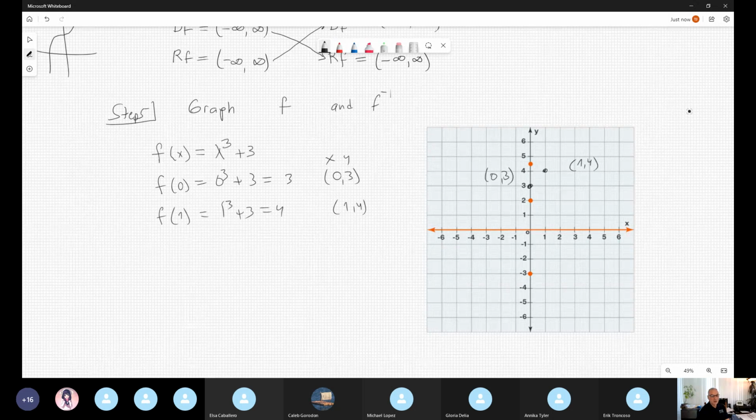And negative 1. We always use 0, 1 and negative 1. Then negative 1 cubed plus 3 is 2, because negative 1 cubed is negative 1. And negative 1 plus 3 is 2, and the point is negative 1,2. Negative 1,2 would be here. And makes sense because the graph looks like that.